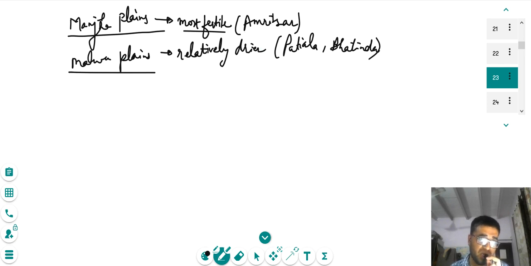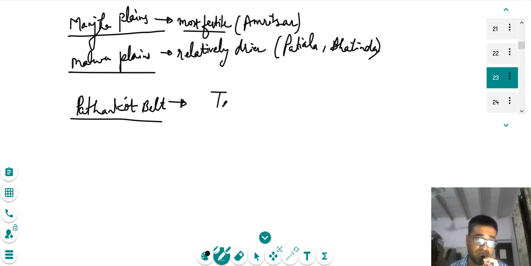Then one more plain that we must know is the Pathankot belt. What happened in the Pathankot belt is that this region falls in the Tarai belt or Tarai zone, right?